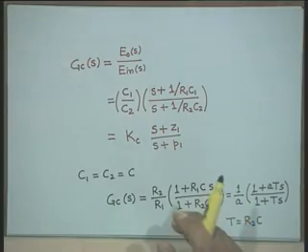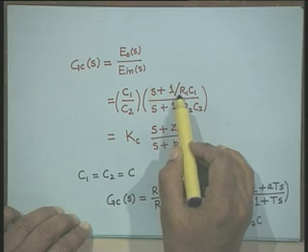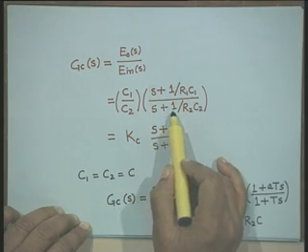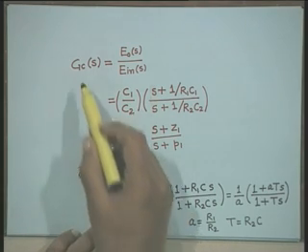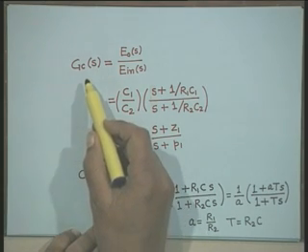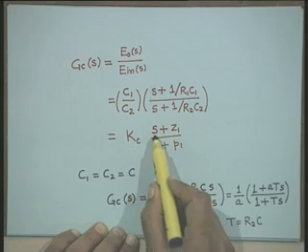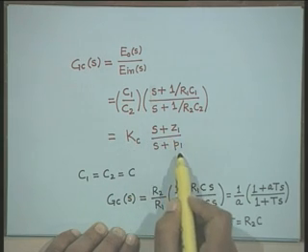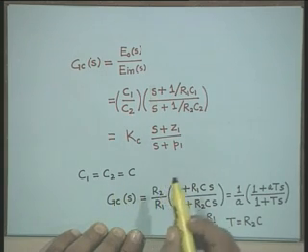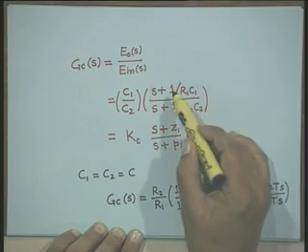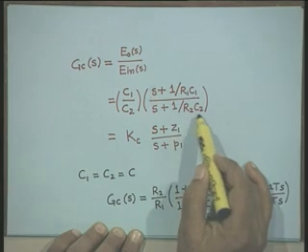That is, you can put this in the form C1/C2 times (s + 1/(R1 C1)) / (s + 1/(R2 C2)), and therefore we can say that this transfer function is of the form Kc (s + Z1)/(s + P1), where you can identify Z1 as 1/(R1 C1) and P1 as 1/(R2 C2).